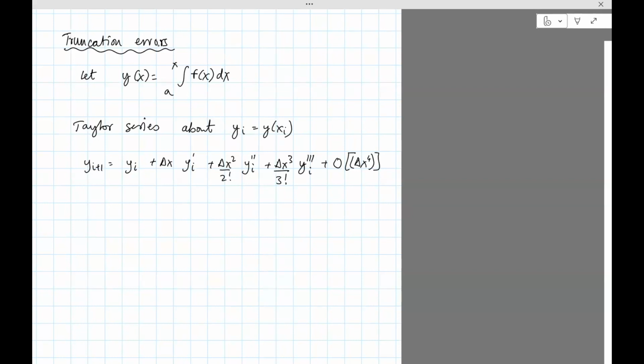So it's delta x raised to 4. Assuming that delta x is small, those terms really don't matter much.